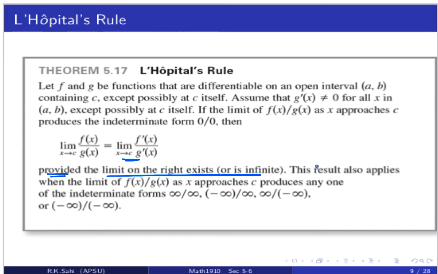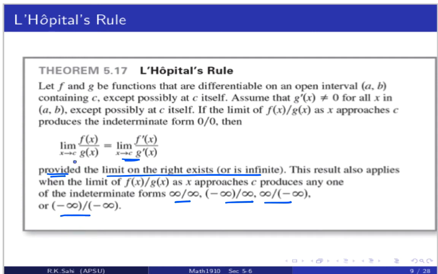Now, this result also applies when the limit of the function as x approaches c is any of these indeterminate forms: infinity over infinity, negative infinity over infinity, infinity over negative infinity, or negative infinity over negative infinity.